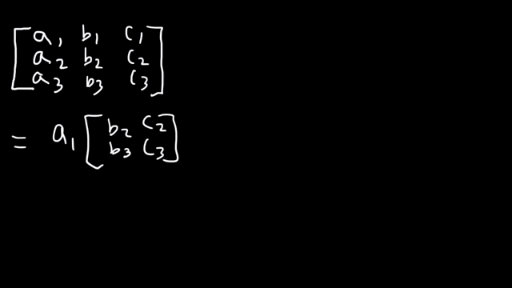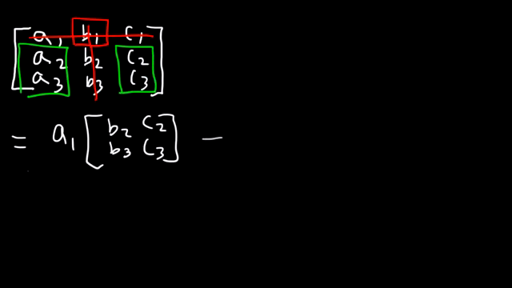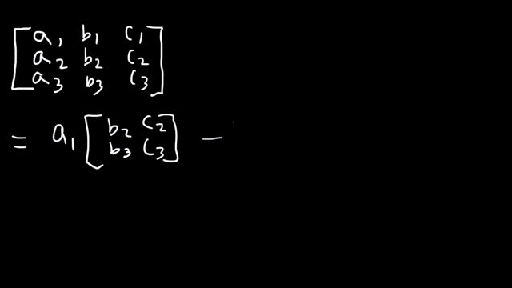Now let's move on to the next one. So it's going to be minus. Instead of using A1, we're going to use B1. B1 is in the first row and the second column. So what's left over is A2, A3, and C2, C3. That's going to be in the next 2x2 matrix. So it's going to be negative B1, and then A2, A3, C2, C3.